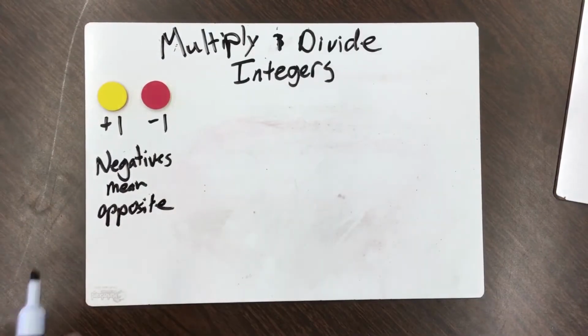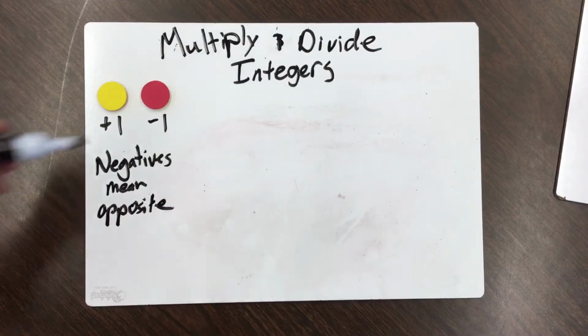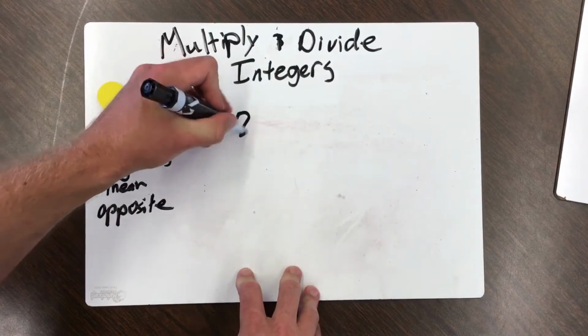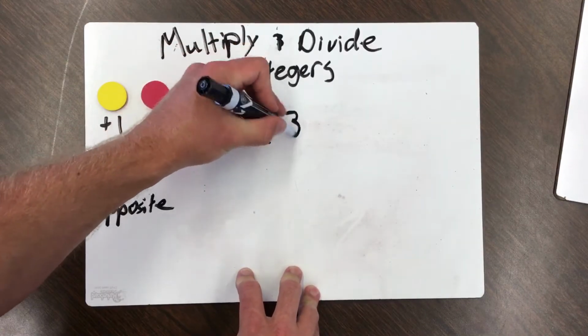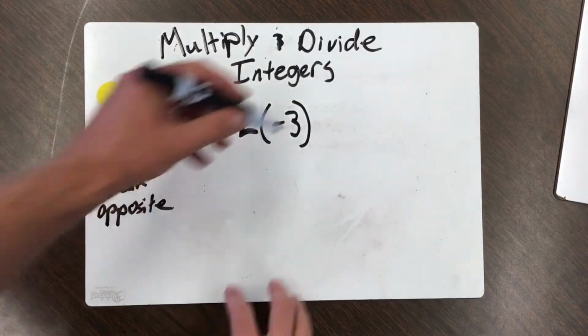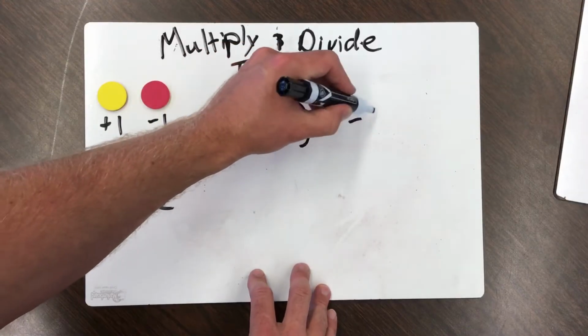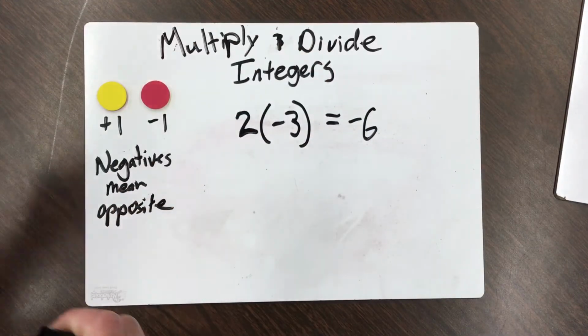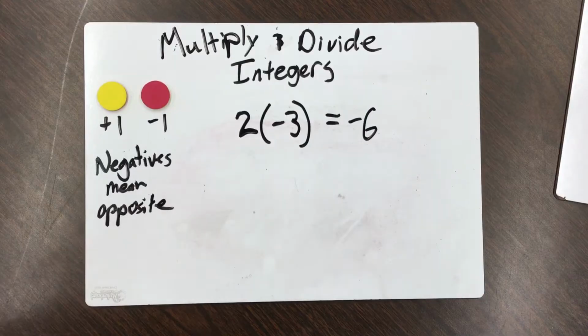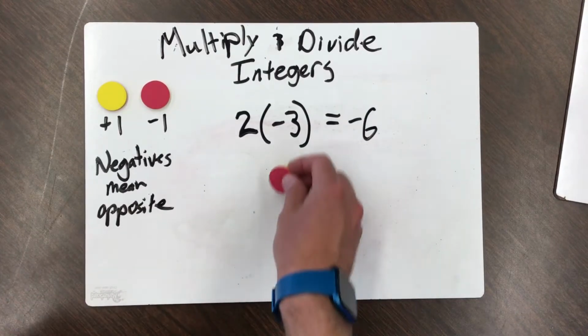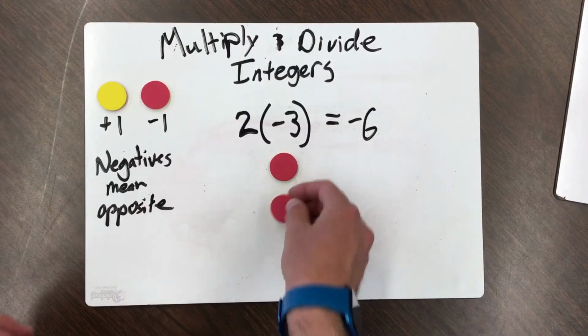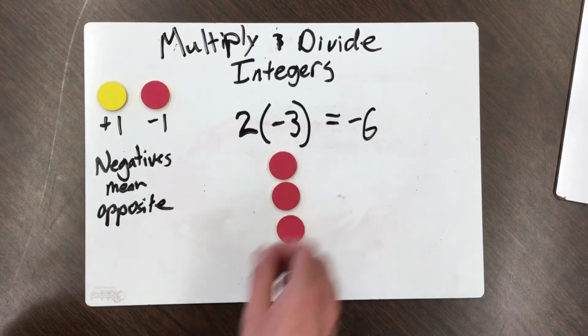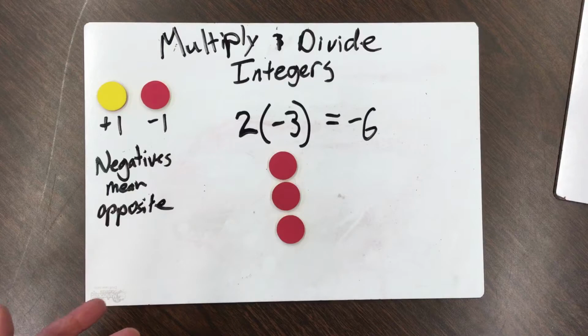All right? So now with that being said, let's take a look at something like 2 times negative 3, and let's explain why this has to be negative 6. What we're going to do is use our counters. If we have negative 3, that means I'm supposed to have 3 of these negative counters, 3 red sides, right?